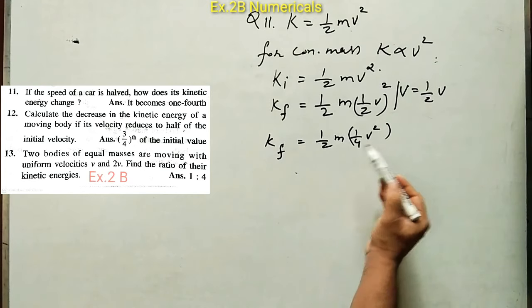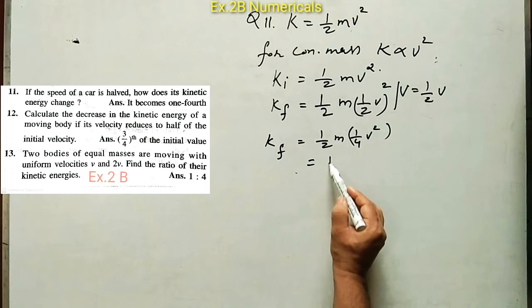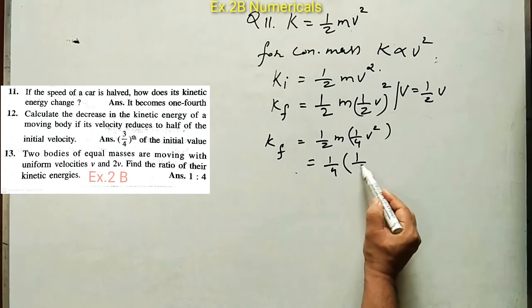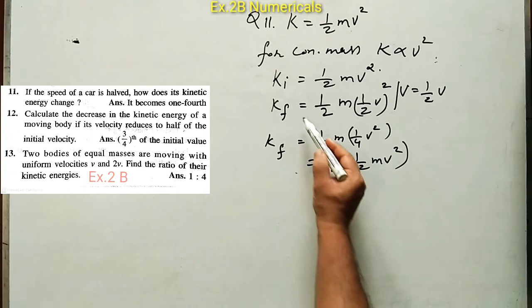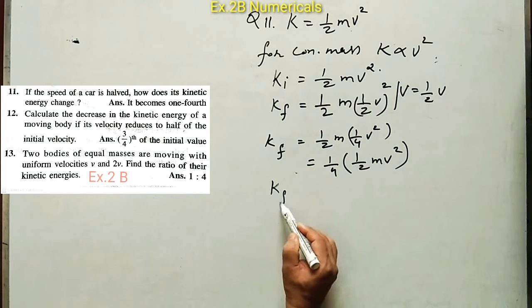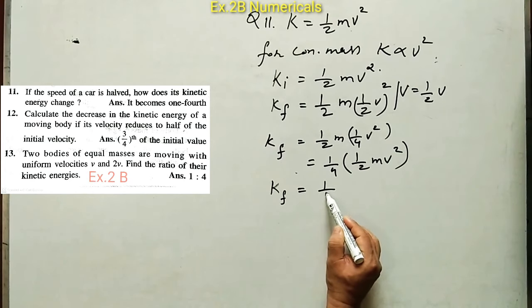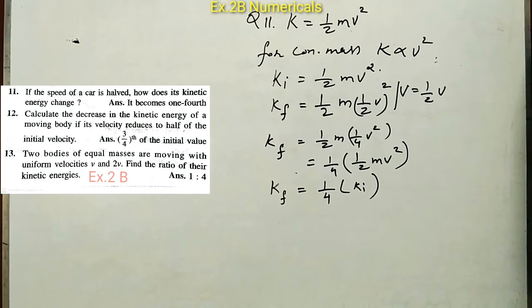Clear? So that's equal to, just rearrange it, 1 by 4 into half mv square. Clear? So what is half mv square? It is equal to the initial kinetic energy. So I can write final kinetic energy is equal to 1/4 of initial kinetic energy Ki.